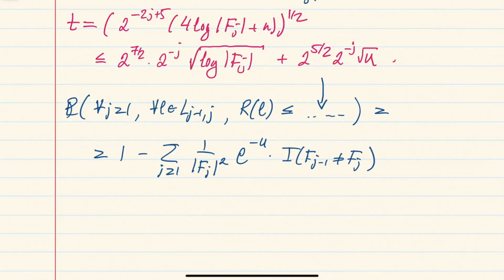Because we discussed above that if f_{j-1} is equal to f_j, then the link is actually equal to 0. So the set of links between those two levels is just 0, and there is nothing to control. So we only need to control this probability when the next approximation set is strictly bigger.